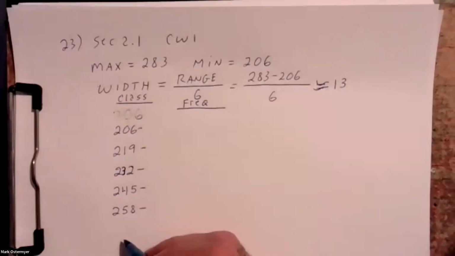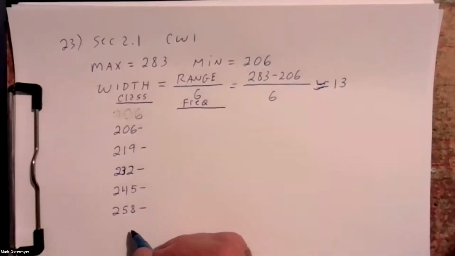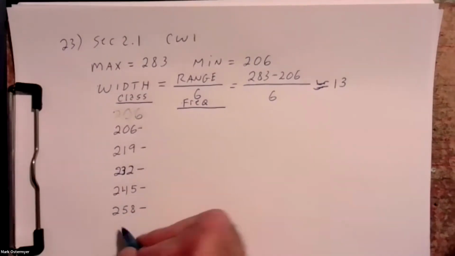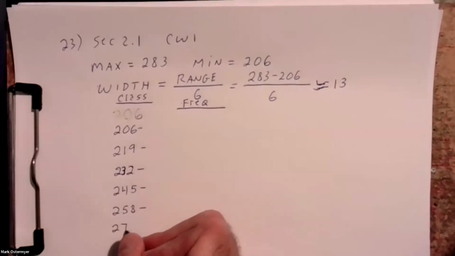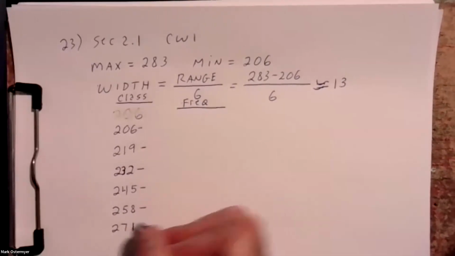That's 5 classes. And the lower limit of the last class is going to be 258 plus 13, which is 271. Is that correct? I believe. Let's see. 271.